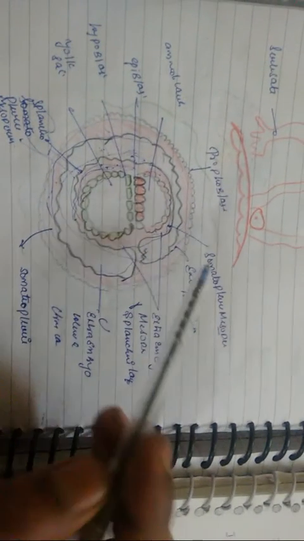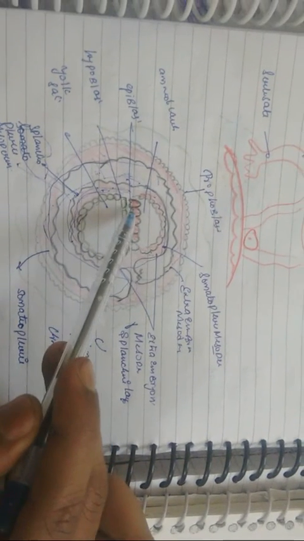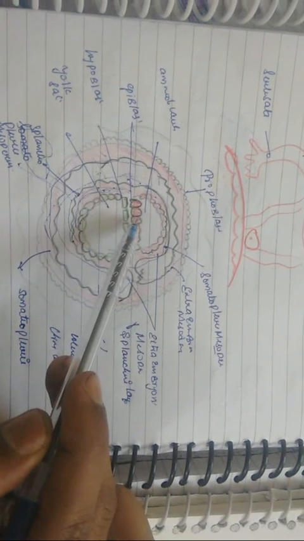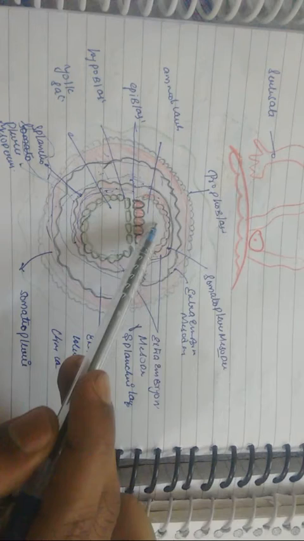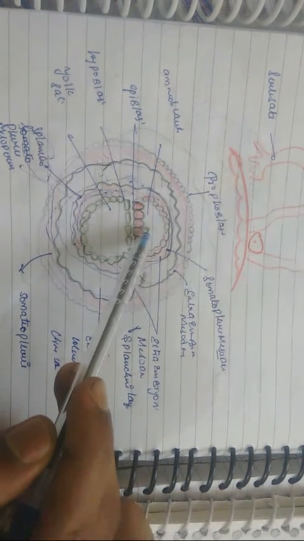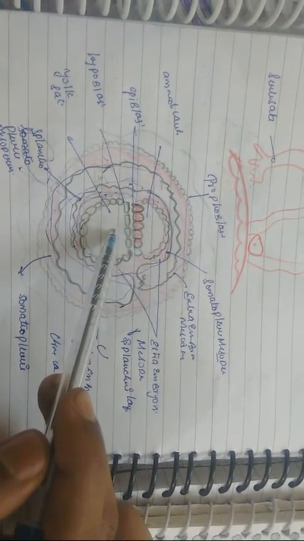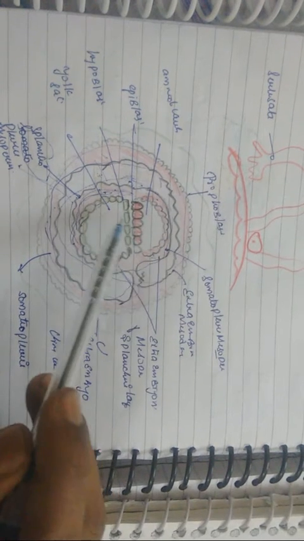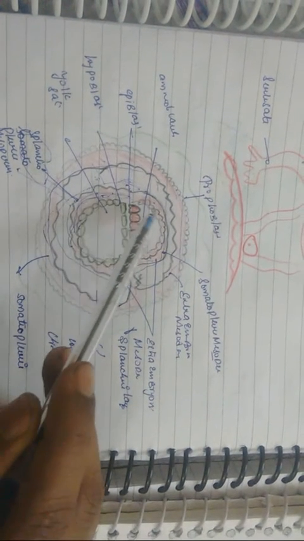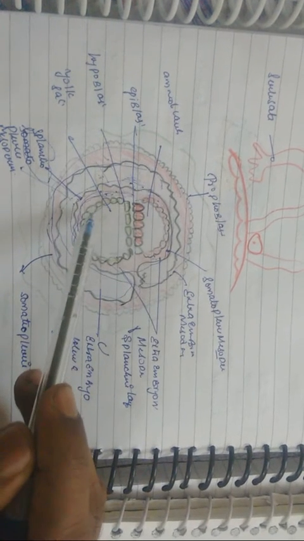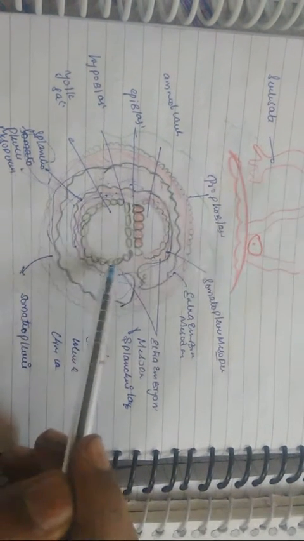So you can see this. This is epiblast, hypoblast. You can see this is the amniotic cavity, and this is your cavity. This hypoblast, you can see it forms a mesoderm, and this mesoderm is extra embryonic.